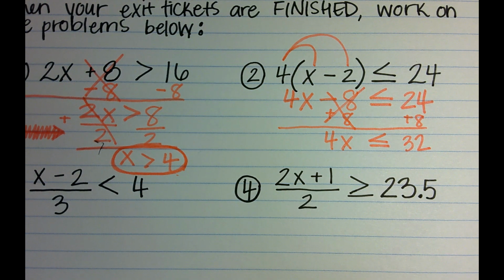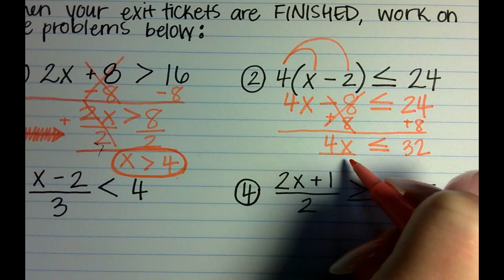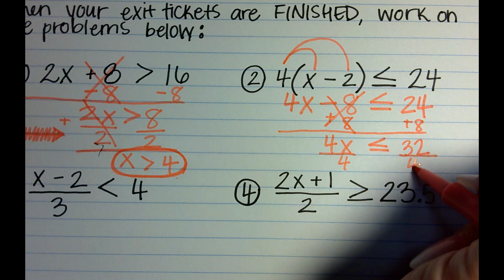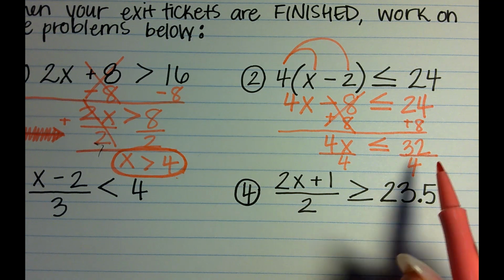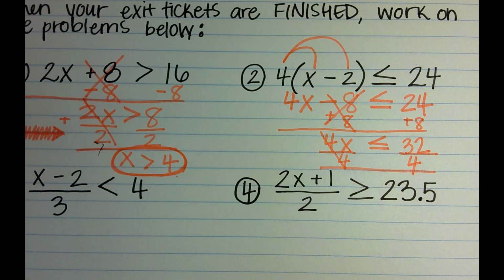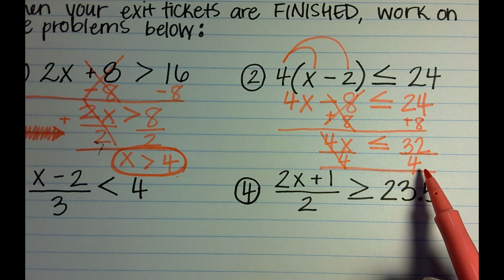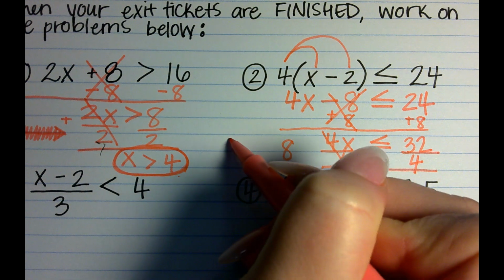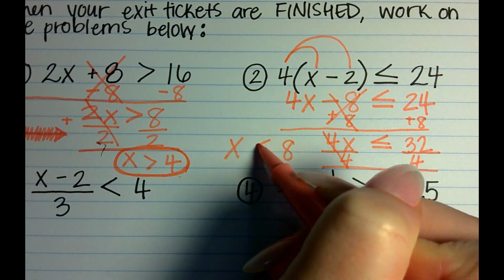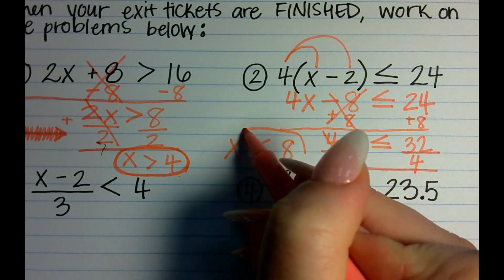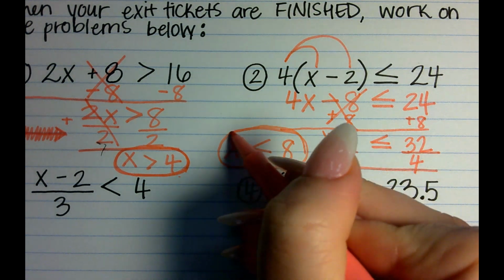And what next? And then I divided by 4. Perfect. The 4's cancel. 32 divided by 4 is 8. So x is less than or equal to 8.